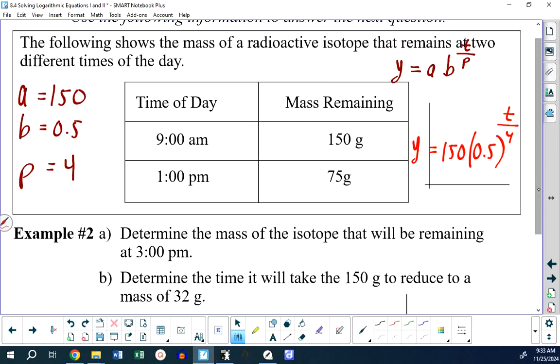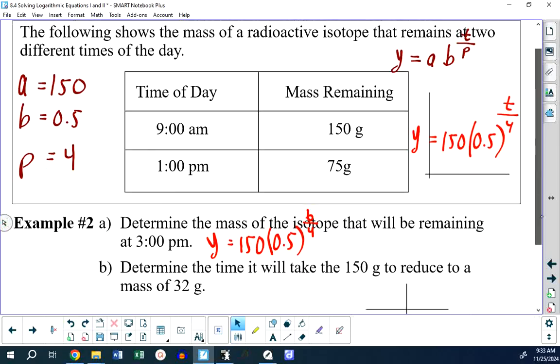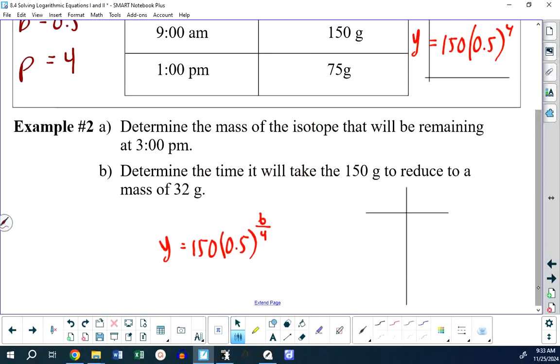A is child's play. Correct me if I'm wrong, but from 9 a.m. to 3 p.m., that's 6 hours. So you're just putting 6 in for t. This is for A. Right, for A, you're given the time and you're asked to find y.